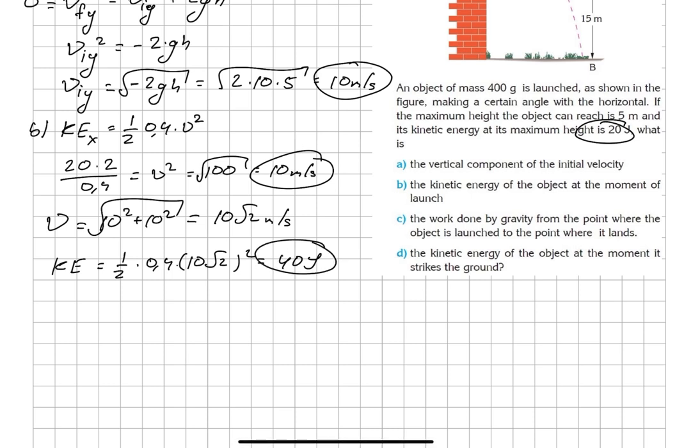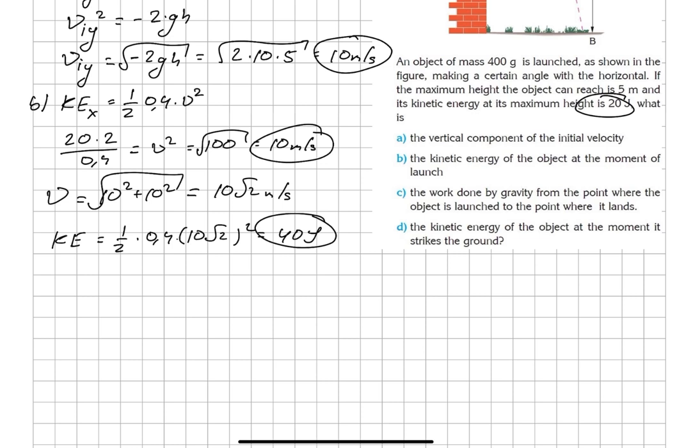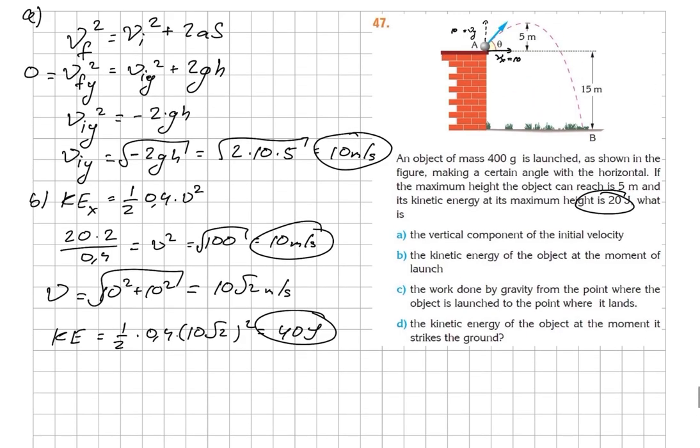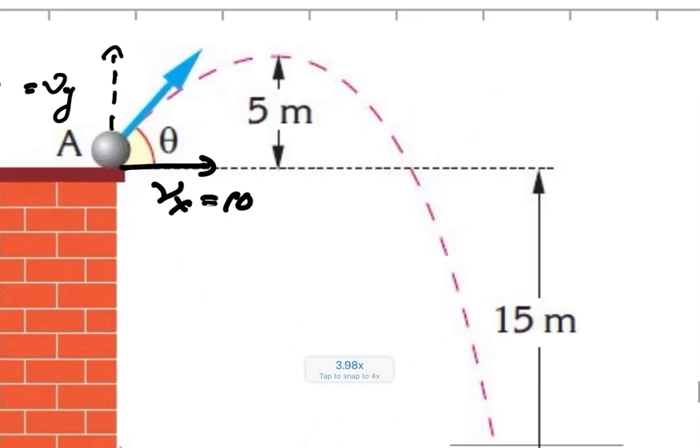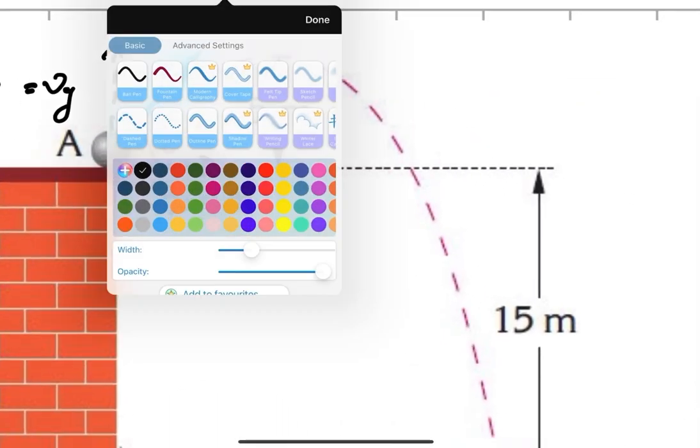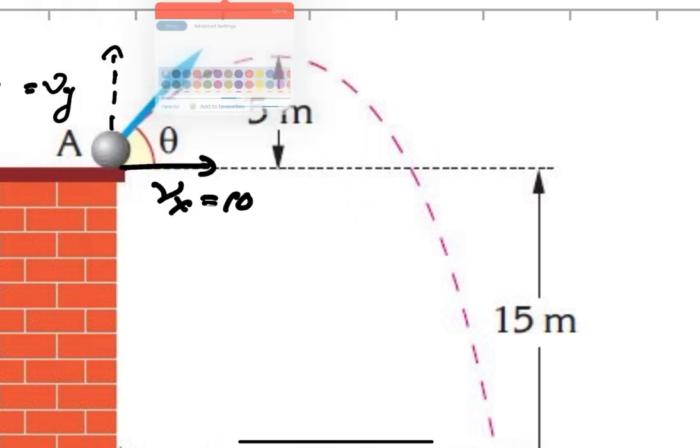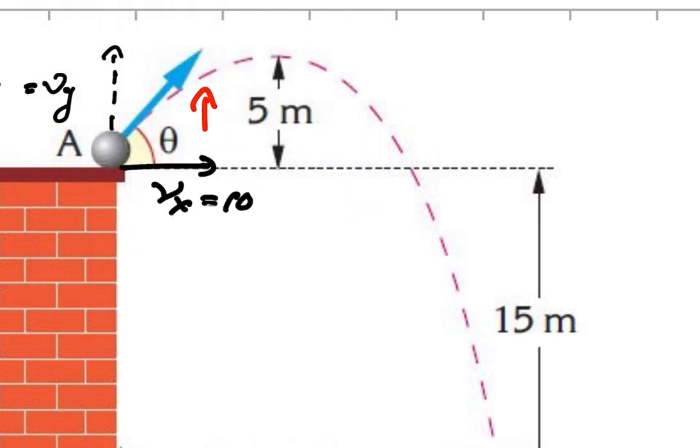Next, the work done by gravity from the point where the object launches to the point where it lands. When the object moves up, the gravitational force does negative work. When it moves down, the gravitational force does positive work.